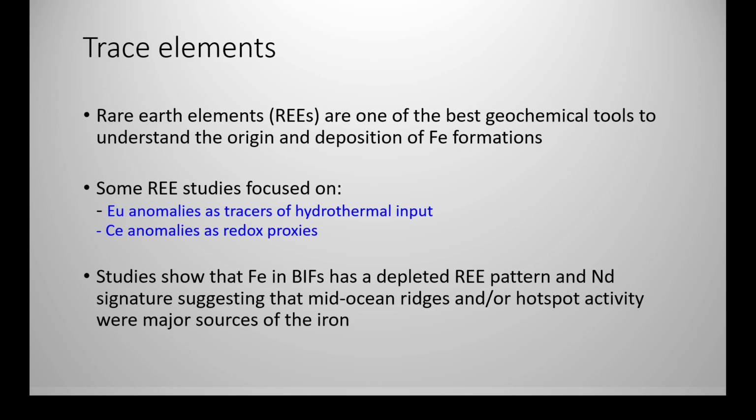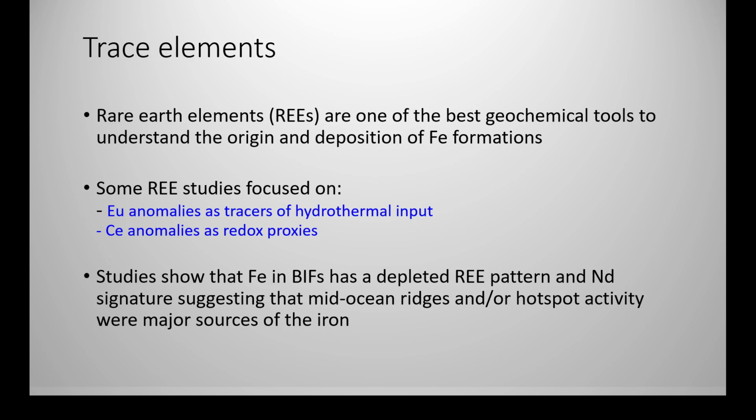Trace elements. So rare earth elements are important and they're one of the best geochemical tools to understand the origin and the deposition of these Fe deposits. Some REE studies focused on Eu anomalies and Ce anomalies. The Eu anomalies could be used as tracers to trace the hydrothermal input, while the Ce anomalies are used as redox proxies.